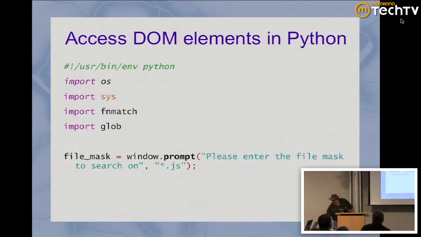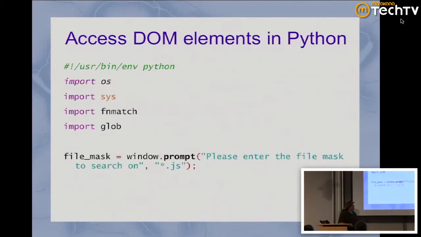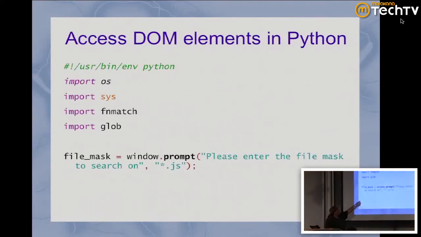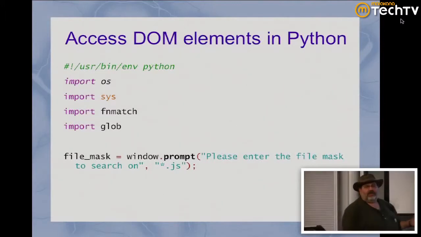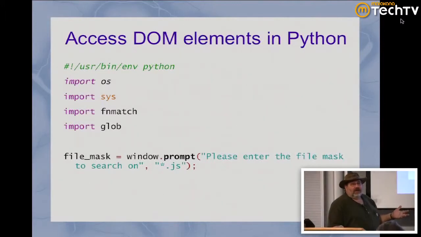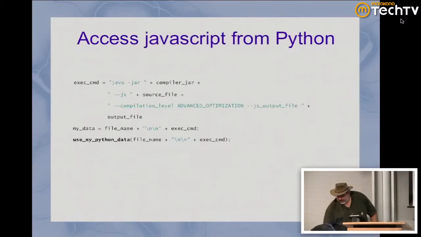Inside of the test.py, we can access our DOM elements, and we can get a prompt and query, which is kind of cool. You could also use any of the Python interfaces and classes inside there, of course, as well. In this particular case, I'm just doing a simple prompt.